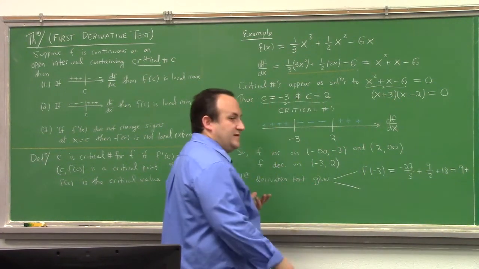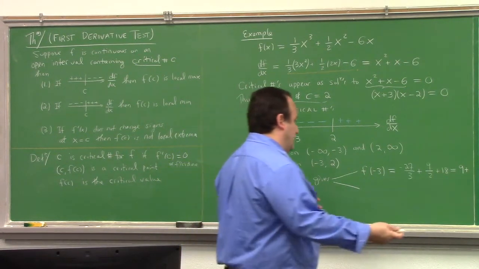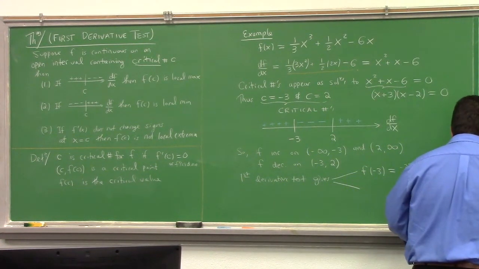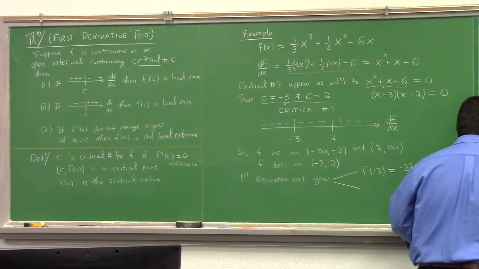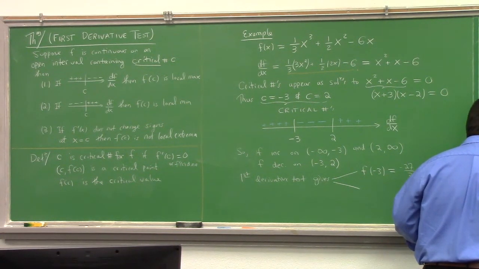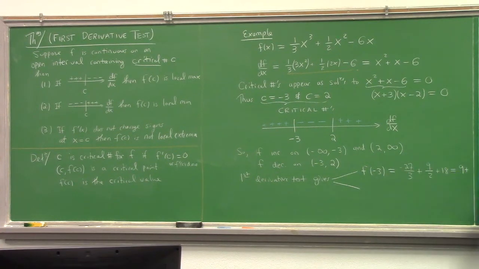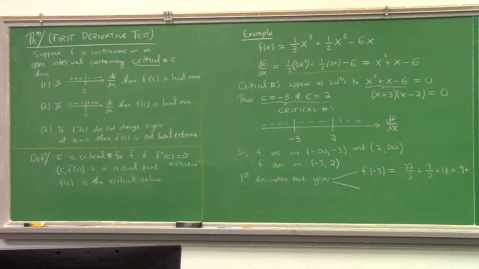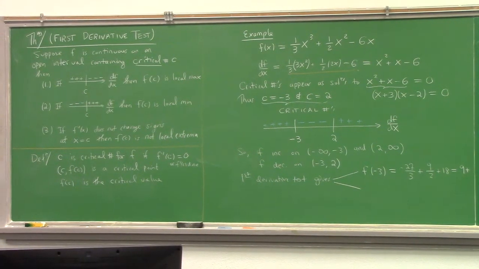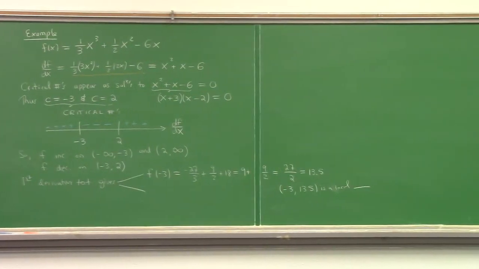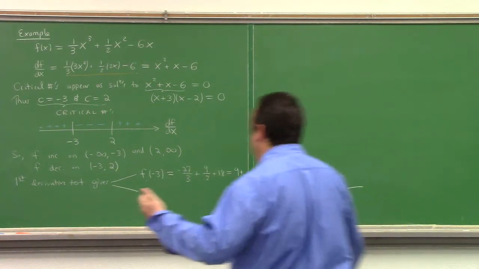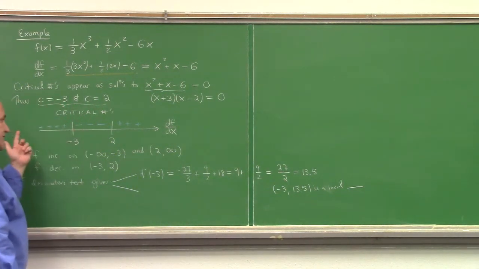Like the y value when x is minus 3 is important because this shows me that the critical point, minus 3, comma 13.5, is local what? At minus 3, we went from plus to minus, so the first derivative test says that's a local max.